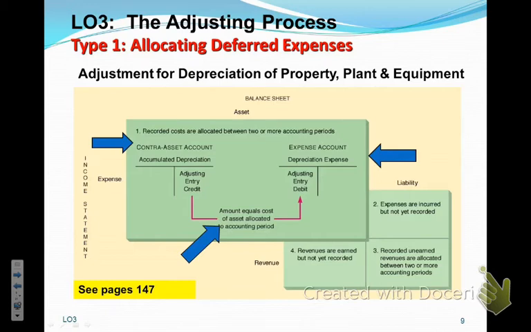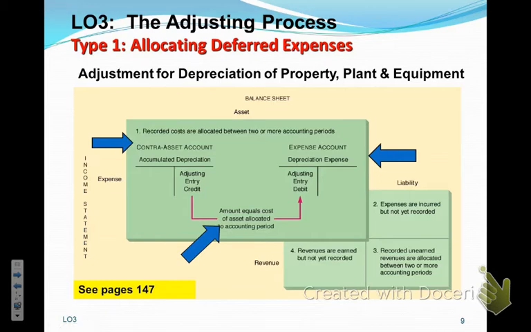The contra asset account is accumulated depreciation. That accumulated depreciation would be matched with a related asset account. Henceforth, it's called a contra asset account because it has a normal balance that is opposite the balance that it is associated with. So this is a little bit more of a complicated type of deferral because we have that contra asset account that's thrown in there.